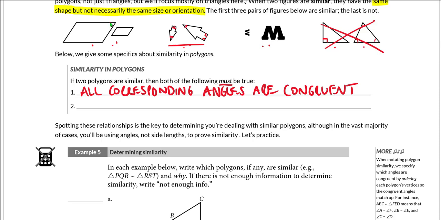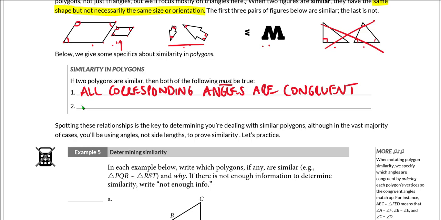We can see with this parallelogram that these two acute angles that correspond to each other, let's say those are the top right angles, the bottom left angles there correspond to each other. They look congruent. This top left obtuse angle corresponds to this top left obtuse angle, and of course bottom right. But all of those corresponding angles are congruent. Yes, the parallelogram on the right is smaller, but all of the angles are congruent.